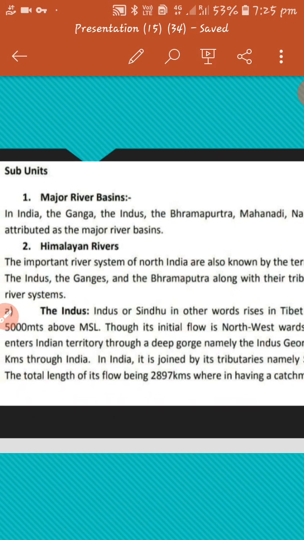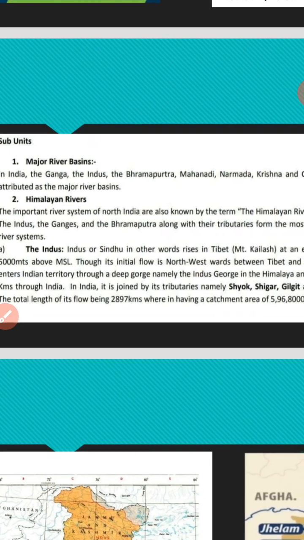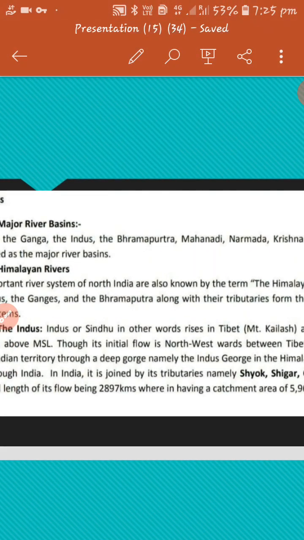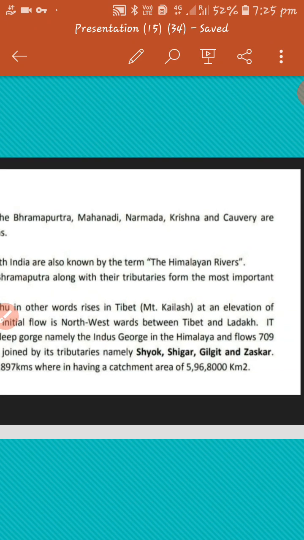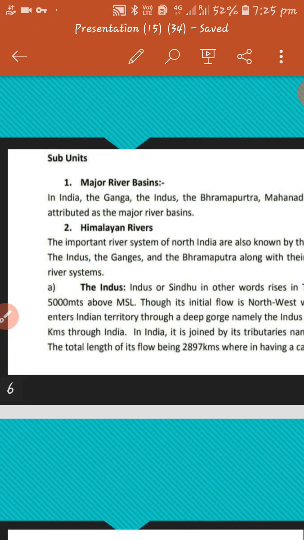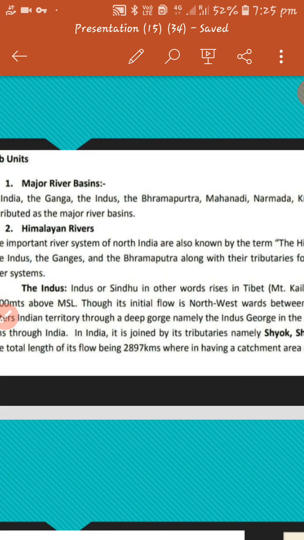More about Indus. The Indus or Sindhu rises in Tibet, near Kailas, at an elevation of 5,000 meters above mean sea level.